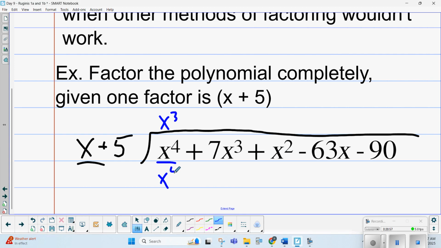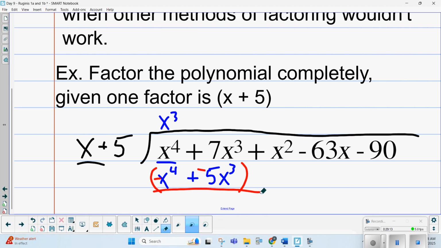Let's distribute. So that's x to the 4 plus 5x cubed. Again, we distribute the x cubed to both pieces. All right, let's subtract. Distribute the negative. All right, and combine. So x to the 4 minus x to the 4 cancels, and we get 2x cubed.